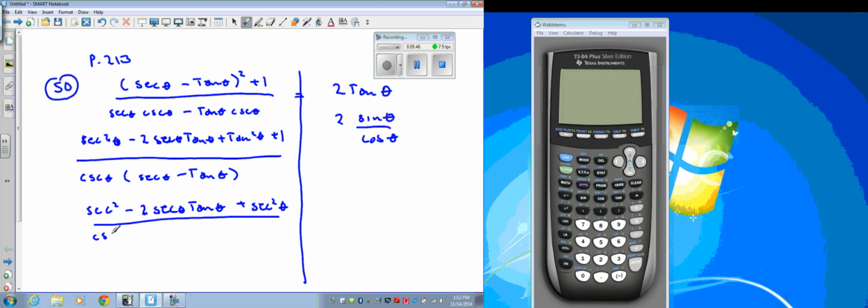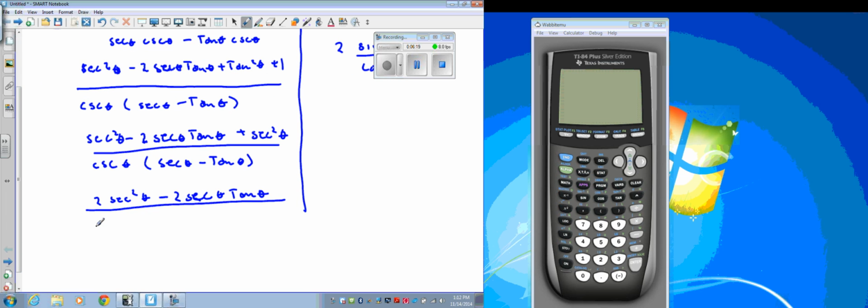The denominator is cosecant times secant minus tangent. This one and this one is 2, right? Numerator is 2 secant squared theta minus 2 secant theta tangent theta. We got cosecant times secant.